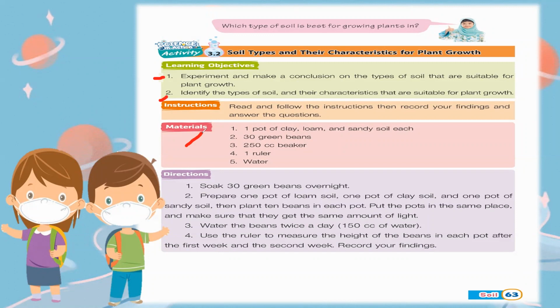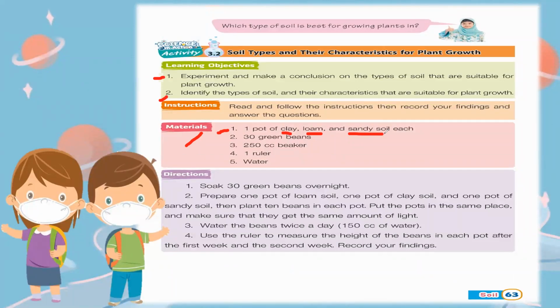First of all, we are going to read all of the instructions, and after the findings, we will record what we find with this experiment. For every experiment, we require materials. For this experiment, we require 5 different materials. Number 1, one pot each of clay, loam, and sandy soil. So we require 3 types of soil: clay soil, loam soil, and sandy soil.